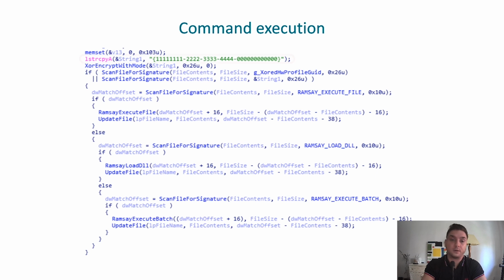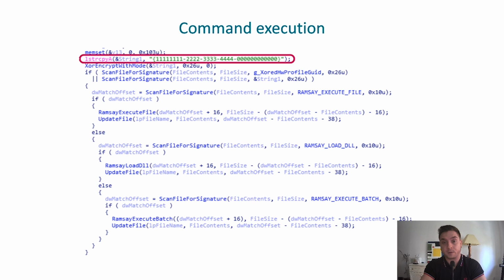However, there is another one that is hard-coded, and there are two potential explanations of why this GUID appears. One of them is that this GUID is nothing but a residual debugging artifact that Ramsay developers neglected or simply forgot to remove in the latest Ramsay versions.